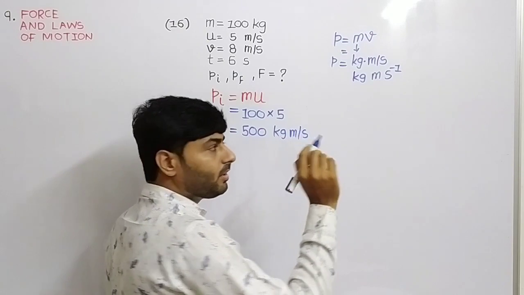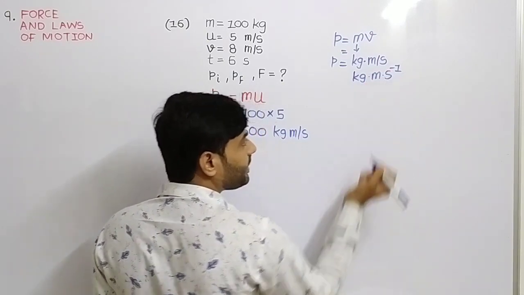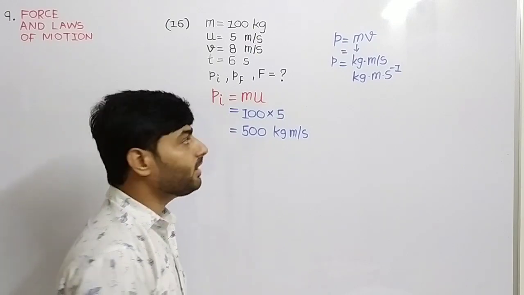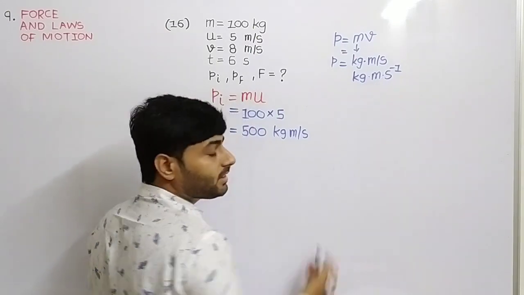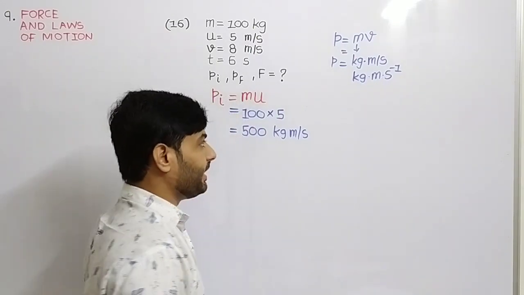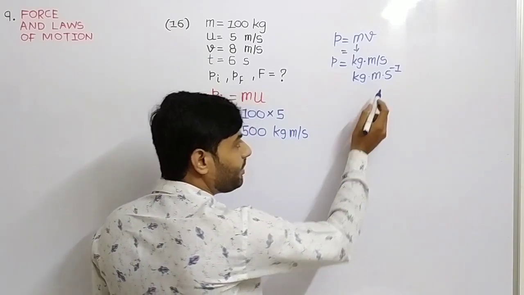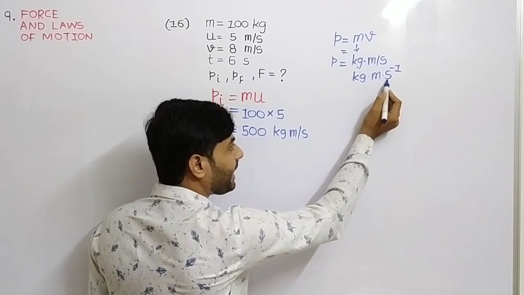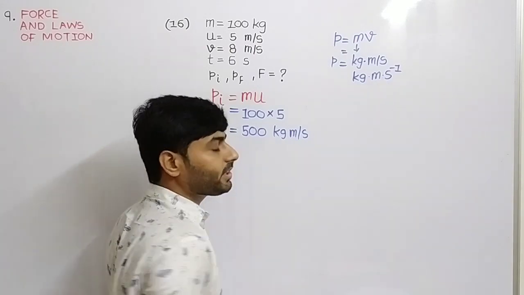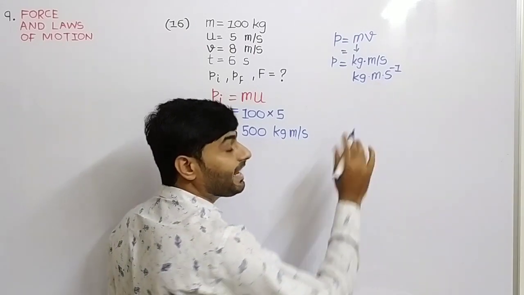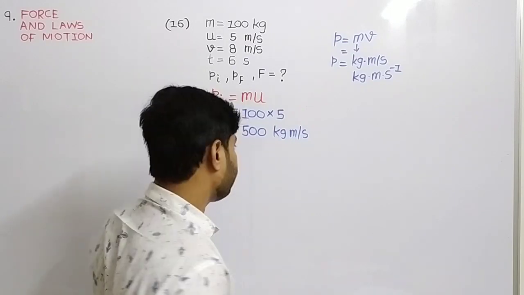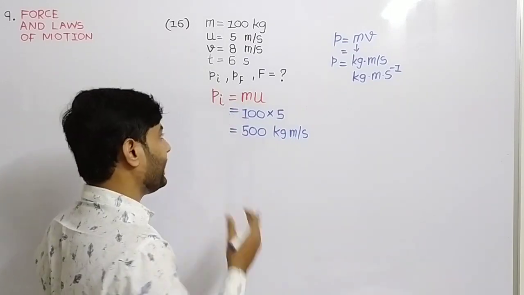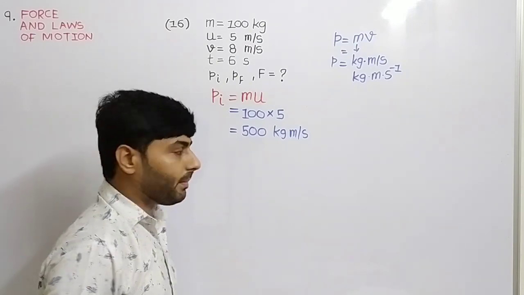If we write in the form of multiplication, this dot is the sign of multiplication. Remember that. So we have kg meter second inverse. So we have 500 kg meter per second as initial momentum.